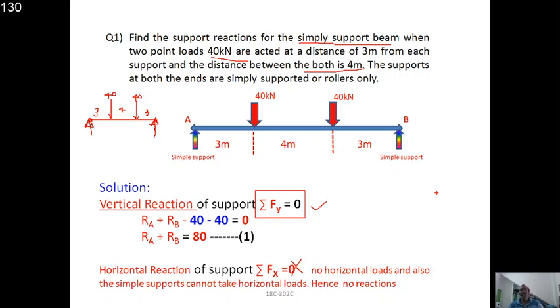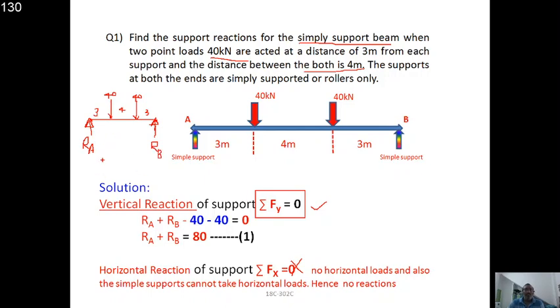And one more thing: do we require any other equation or not? By seeing the problem, we understand that there are two supports. One is RA, the support reaction at A, and another one is at support B, that is RB. Hence these two are unknown.